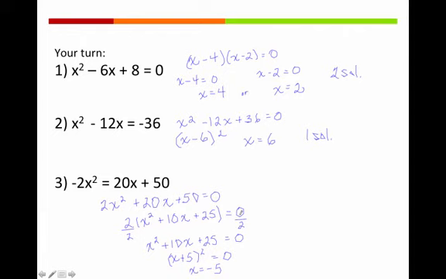Now in this case, I decided to move my 2x squared to the other side so that I had a positive x squared, or a smiley face parabola. And I found that my solution was x equals -5. What you would have noticed if you had brought the 20x and the 50 over to the left-hand side is you would have had the exact same parabola, only it would have been a reflection across the x-axis.